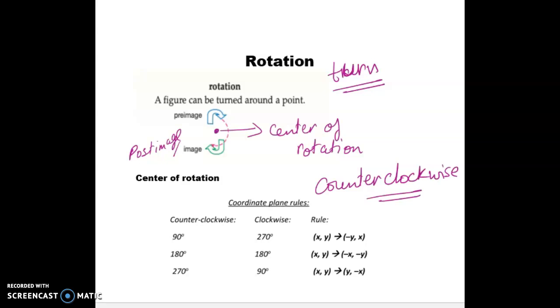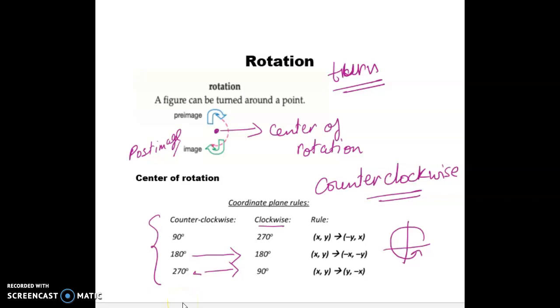So the rules for counterclockwise are for 90 degree, 180 degree and 270 degree. Now one interesting thing is 90 degree counterclockwise is the same as 270 degree clockwise. 180 degree counterclockwise is the same as 180 degree clockwise, and 270 degree counterclockwise is the same as 90 degree clockwise.